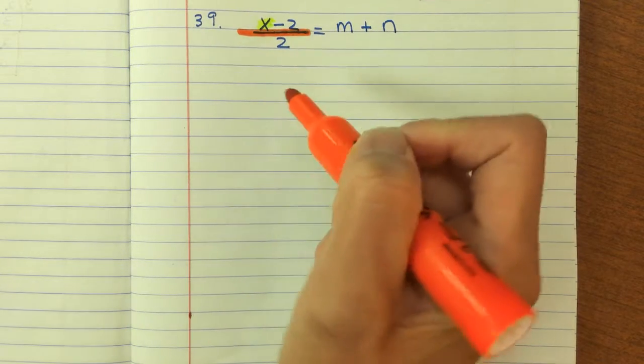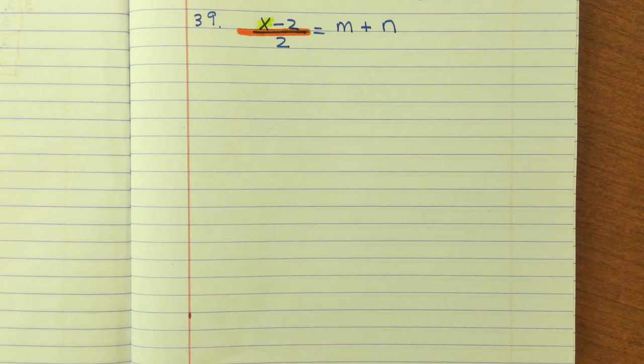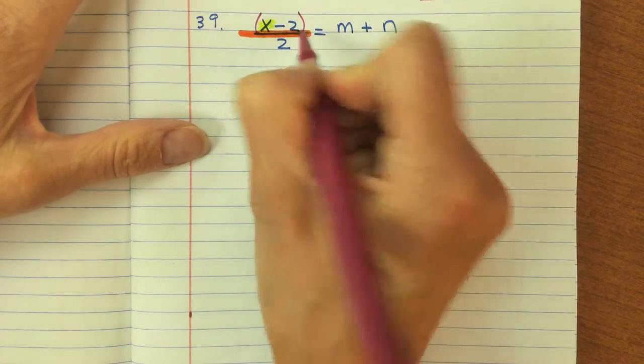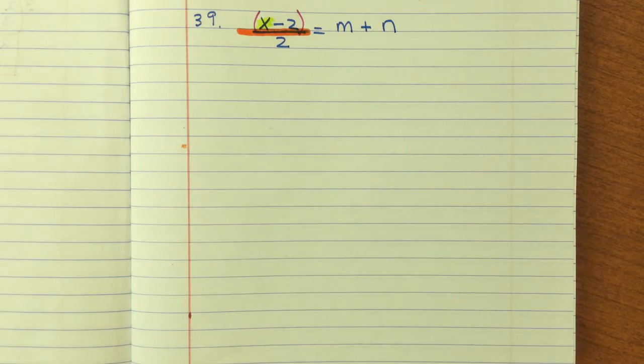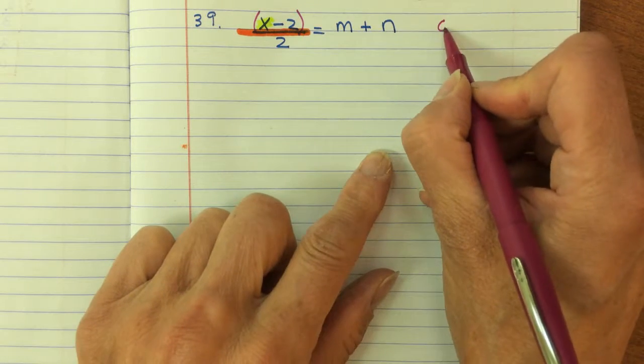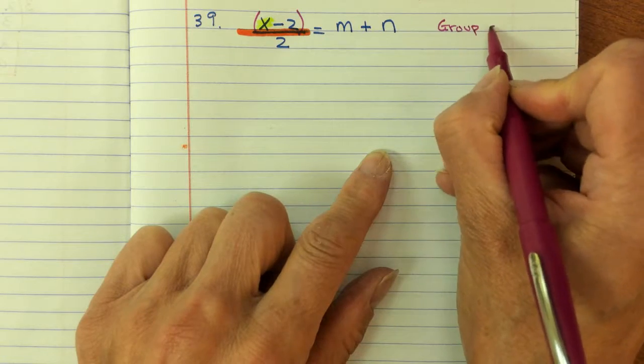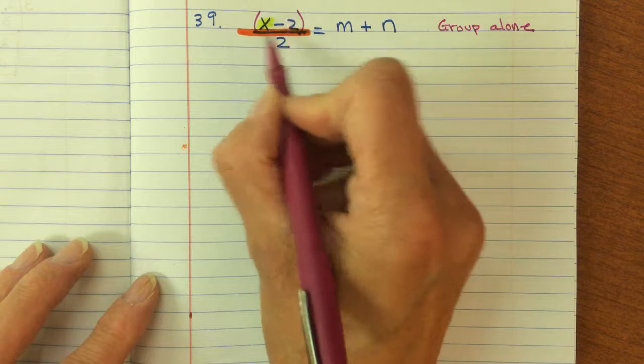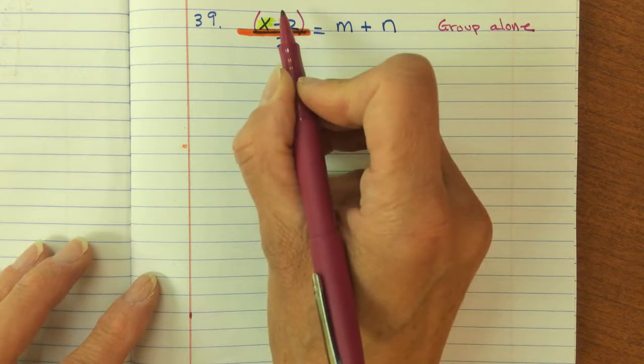So that's the last thing we're going to do, is deal with what's inside that group. And that group is x minus 2. So instead of thinking I'm going to get x by itself first, you want to get the group alone. That group is this parentheses thing.